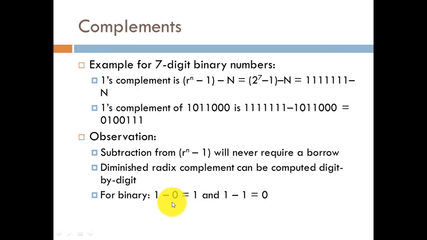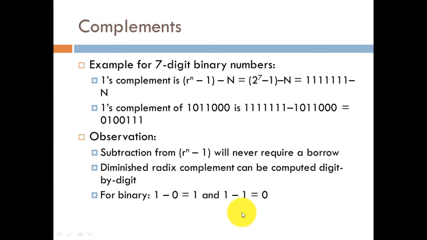One more thing you could easily understand is that for calculating 1's complement, you only need to flip the bits, or you could say you only need to change the bits. That is, if you have 0, then for calculating its complement you need to invert them: 0 would be replaced with 1 and 1 would be replaced with 0.